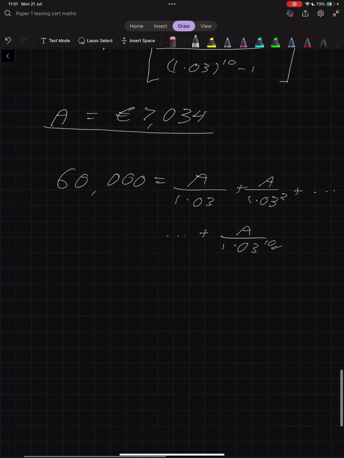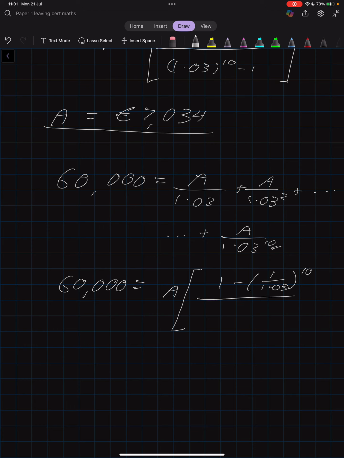Then using your SN formula, you will get that 60,000 is equal to A into 1 minus 1 over 1.03 to the power of 10 all over 0.03.